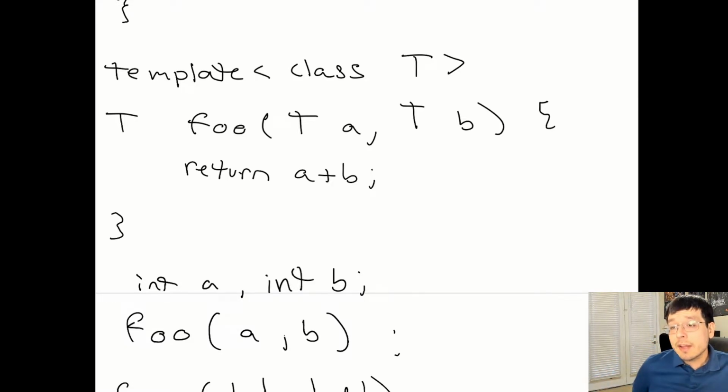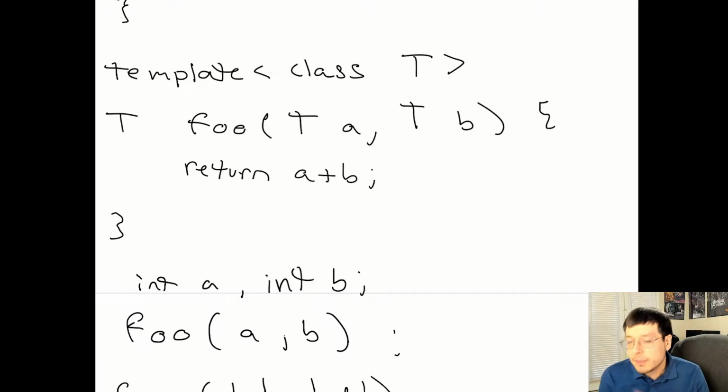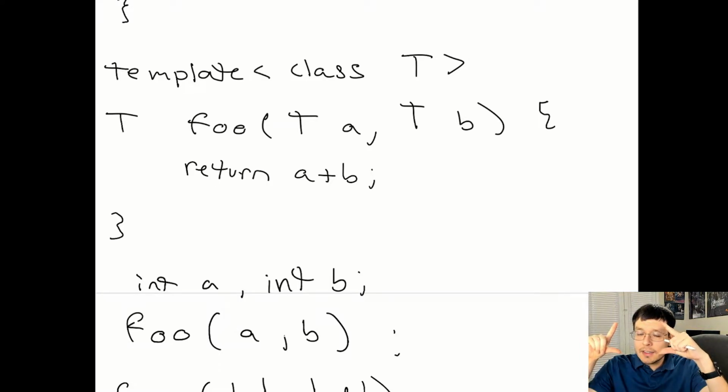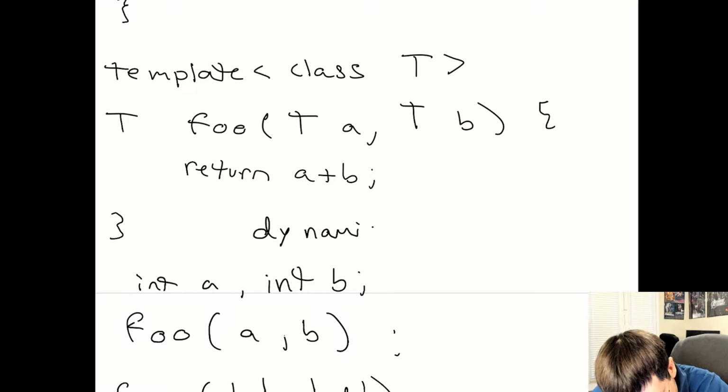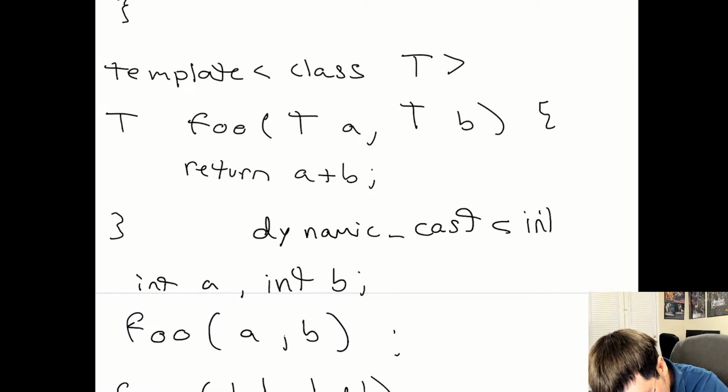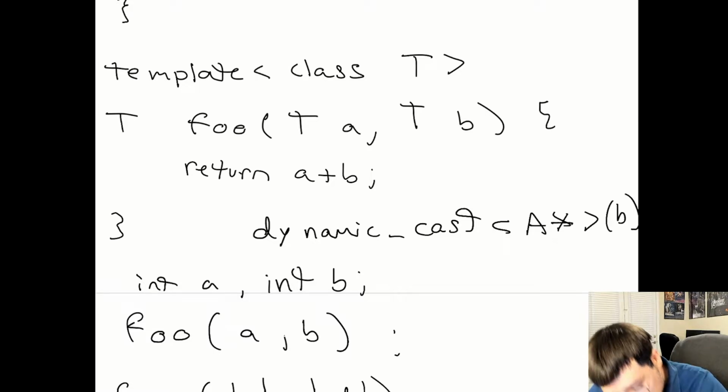The one case where you definitely should have known that you were using templates, but didn't because you didn't know the syntax of templates, is with casting, right? With casting, you see the less than and greater than sign, right? So if I'm doing a dynamic cast or a static cast, the syntax for that is like dynamic cast, I don't know, let's just say we're casting to some A object, a B, right?